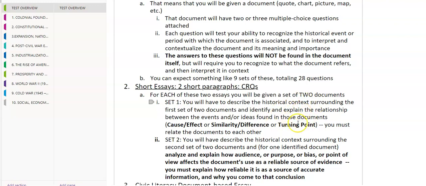Well, if you hit it all, at least 4 out of 5 maybe. Same thing down here. If you give me historical context and you make some specific reference to the audience for the document or its purpose or its bias or its point of view, and you make a case why that makes it more or less reliable, you've hit all of the parts of this. If you don't do a great job, you may not get 5 out of 5, but you're at least at a 3 out of 5 and moving up, maybe a 4 out of 5. And that's going to make a difference on that chart.